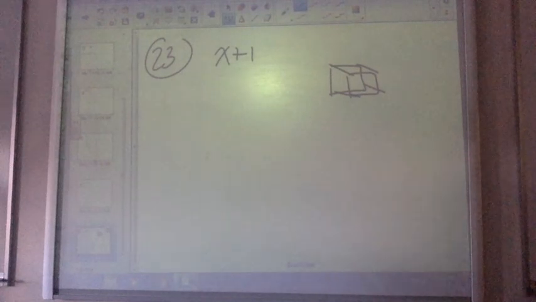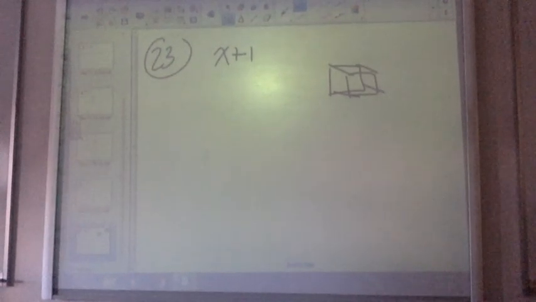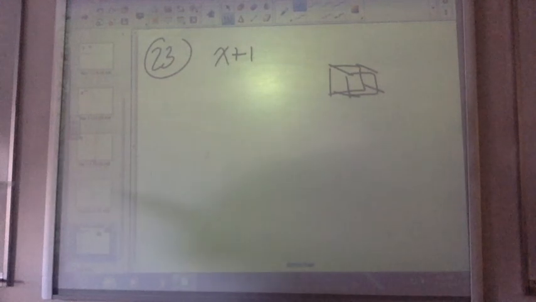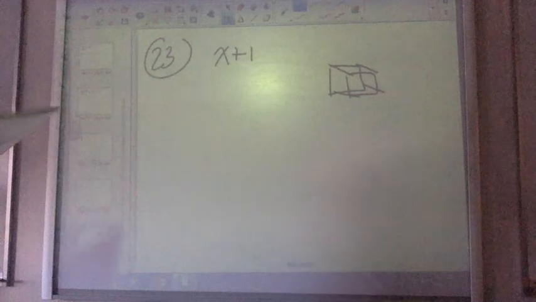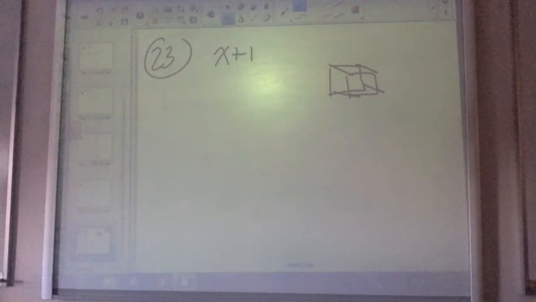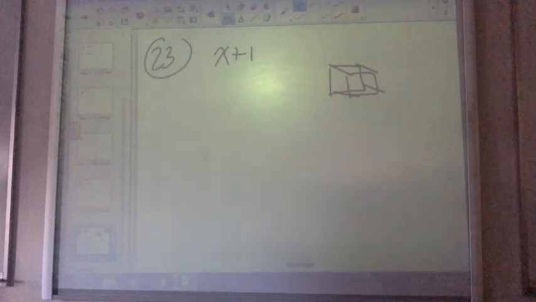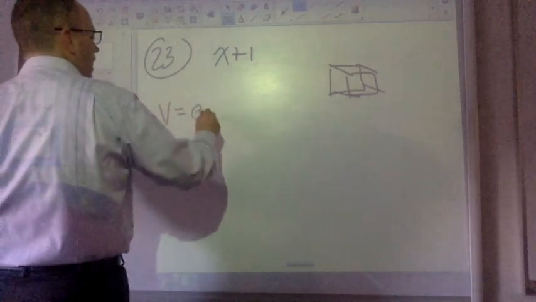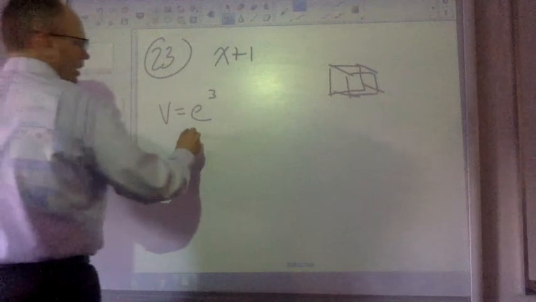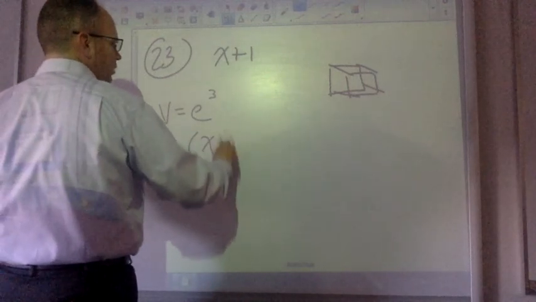They tell us that one edge of the cube is represented as x plus 1, and in order to find the volume, being a cube, you have 6 faces that are all the same, and all the edges are the same. So in order to find the volume, you take the edge and you cube it, which is the edge x plus 1.